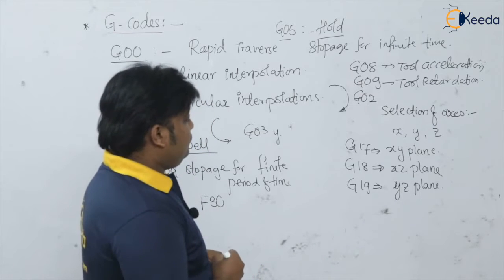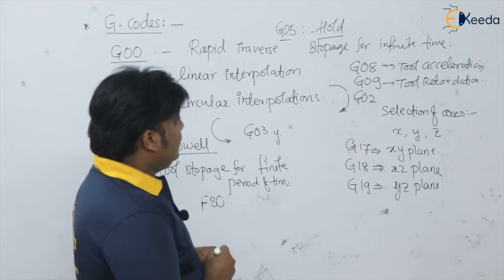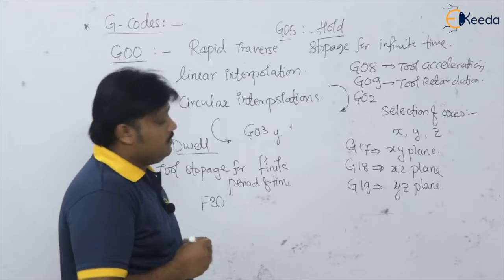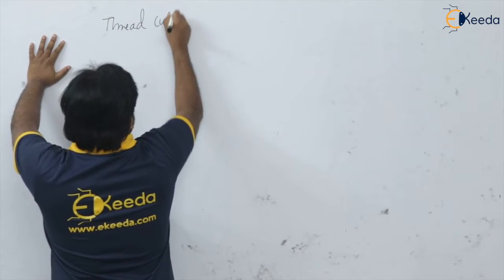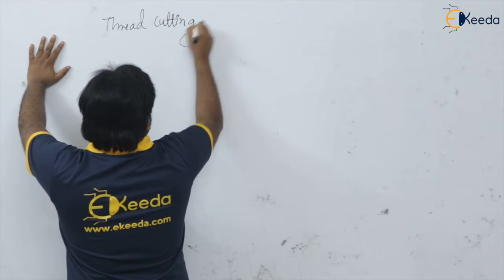Then we have the G codes for thread cutting.